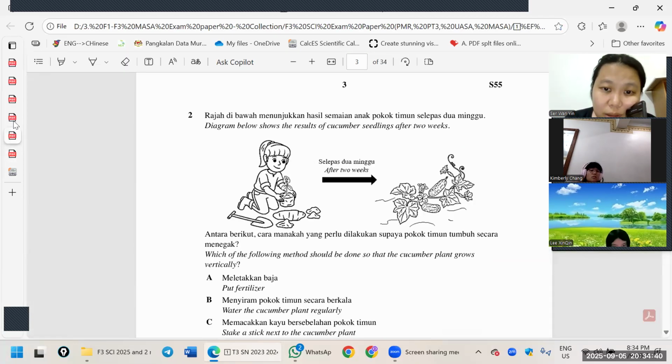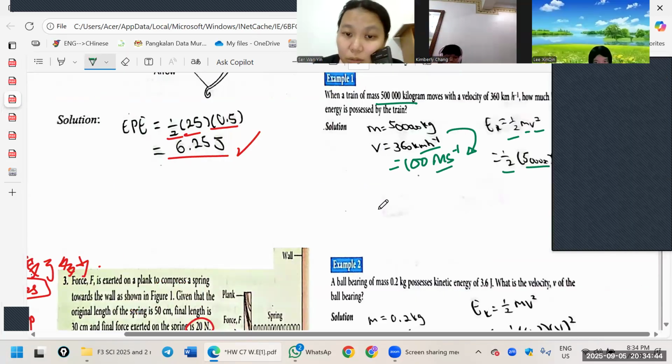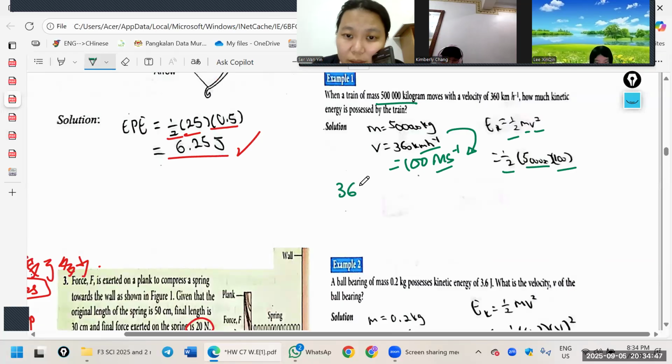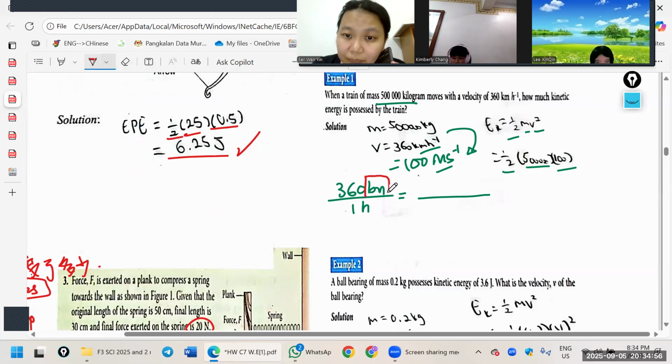Okay, or if you cannot get it, it's okay. So you do this. 360 kilometer per 1 hour equals to, right? You here got two unit. One is in length, one is in time. Okay, so this is 360 times 1000 divided by, okay, so kilometer to meter times.